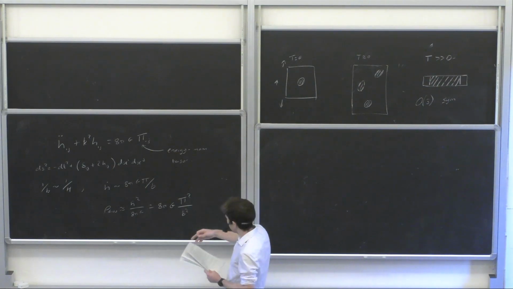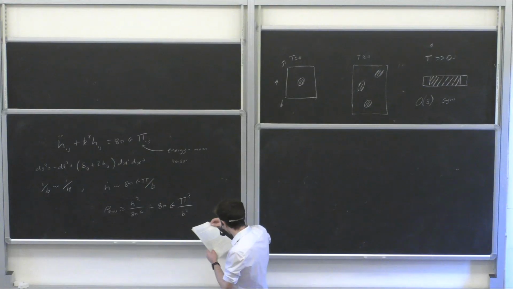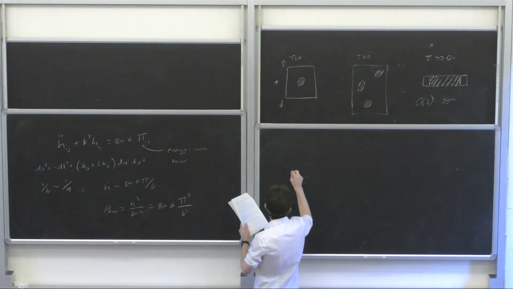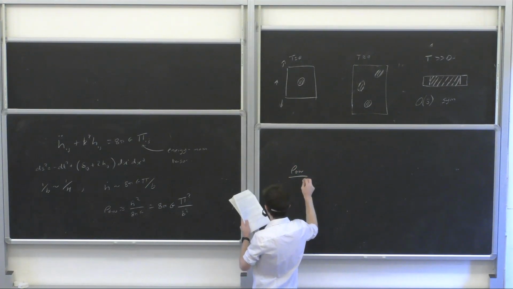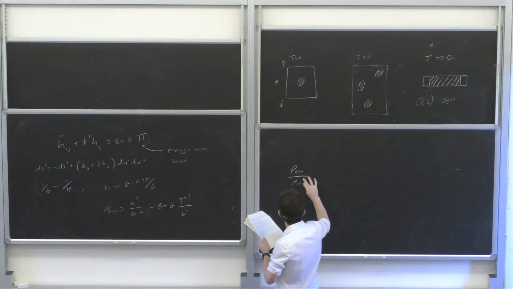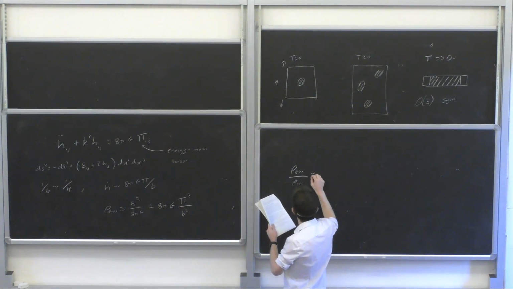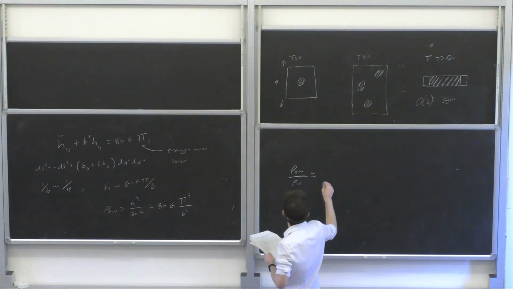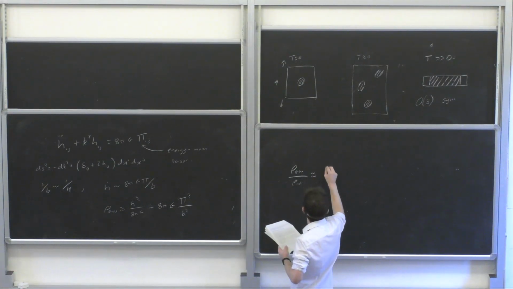So let me say that b is equal to Hubble. This means that the energy density in gravitational waves over rho total is roughly equal to G Newton.